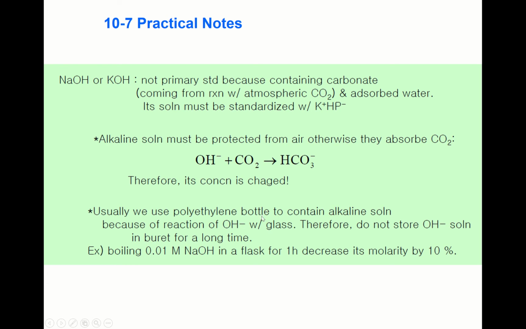So never put your alkaline solution in a glass bottle, but in a polyethylene bottle. And boiling this alkaline solution in a flask for 1 hour decreases the molarity by 10%. Why? Because boiling removes the dissolved CO2, so the molarity changes. That's the practical notes.